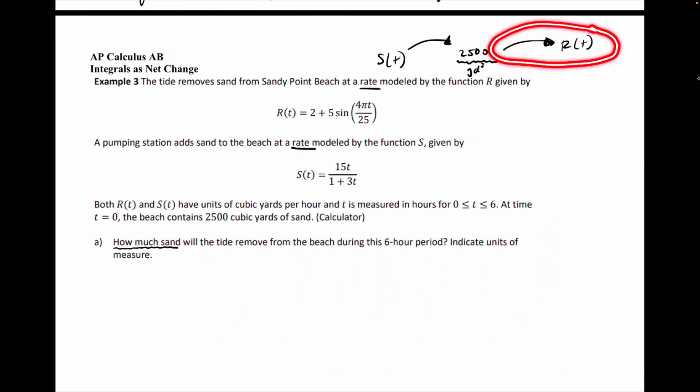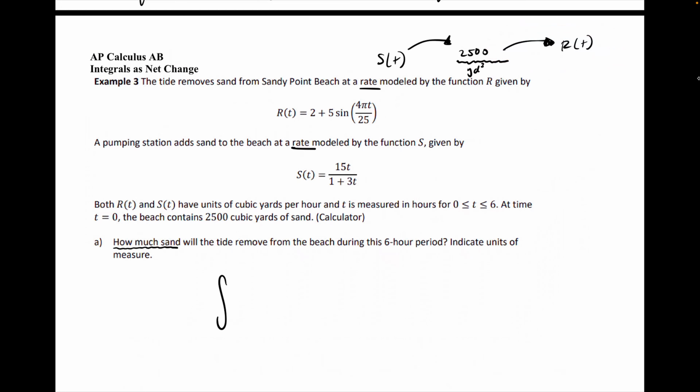What is R of t? Where on that list? Is it a total, is it a rate, or is it a rate of a rate? It's just a rate. So if I want to go from R of t to how much, what do I need to do? Integral. So I'm going to need to set up an integral. Good. What is the integral going to look like? This is what it's going to look like.